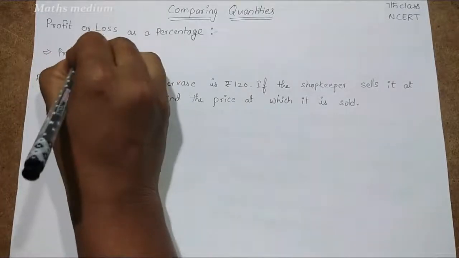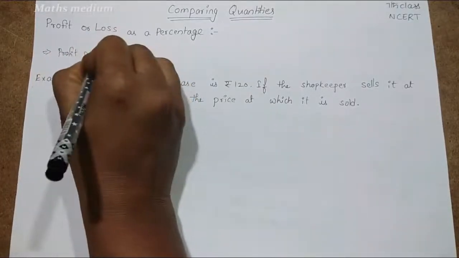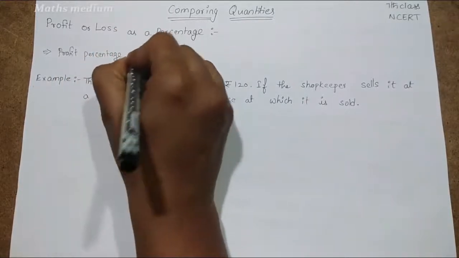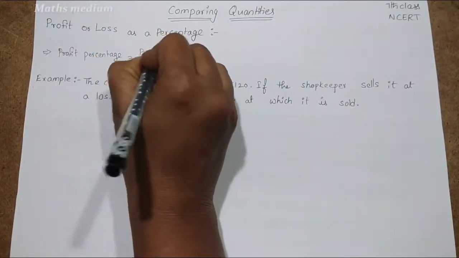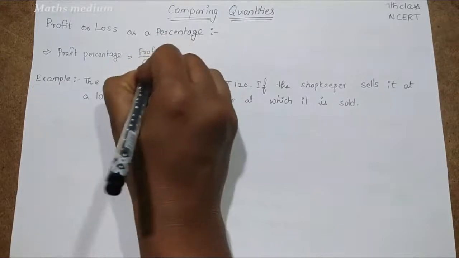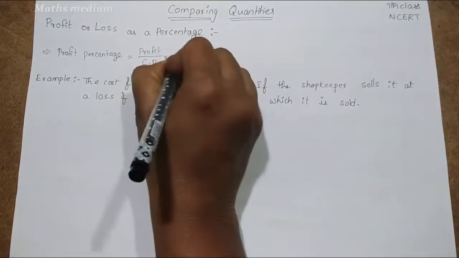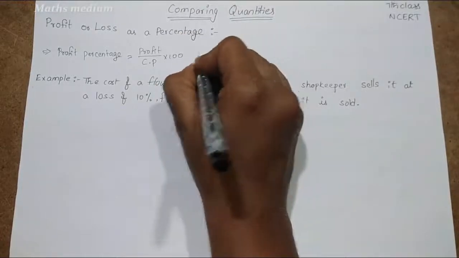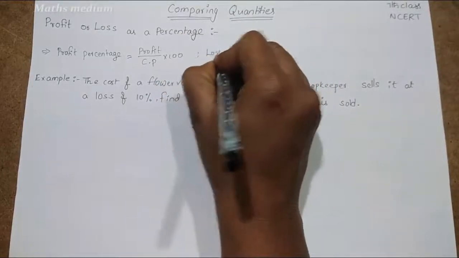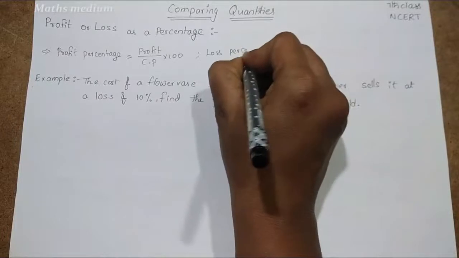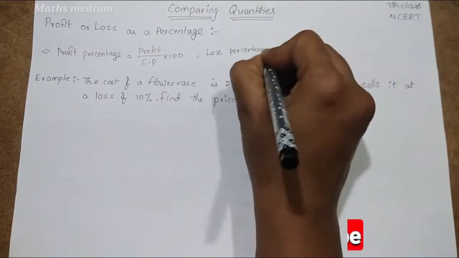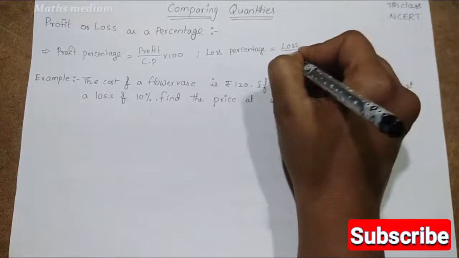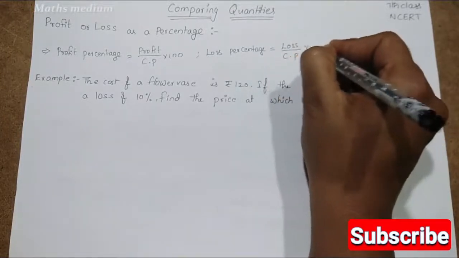Profit percentage is equal to profit by cost price into 100. Or we know that loss percentage is equal to loss by cost price into 100.